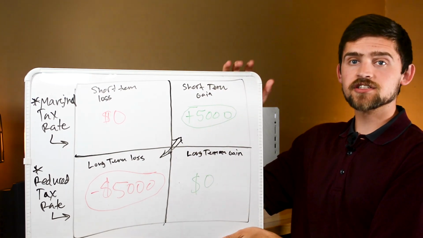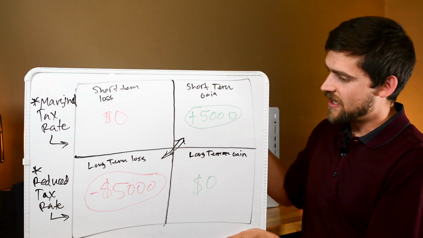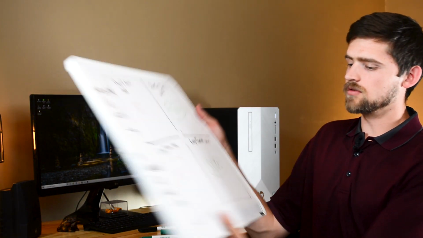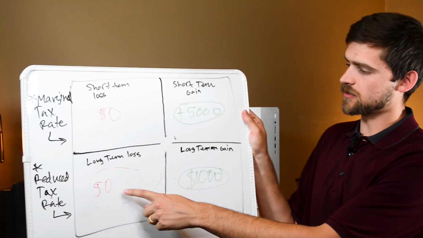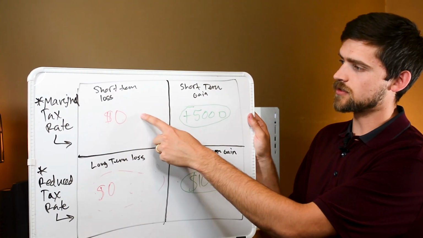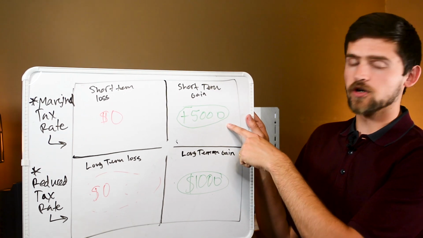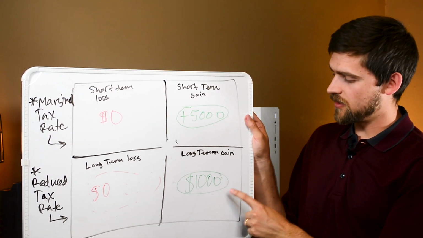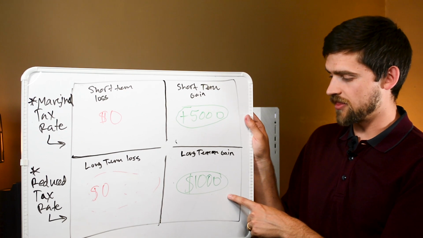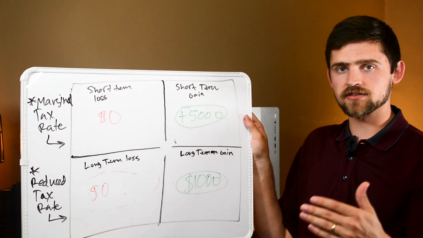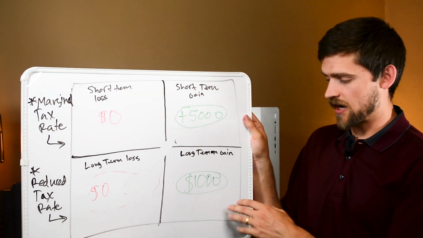Now, something I didn't mention, and I guess I should throw it in now: if you had $0 in short-term or long-term losses, then here you would pay your marginal tax rate on this $5,000, and then you would pay 0% on this $1,000 if you were under the $80,000 a year tax bracket.